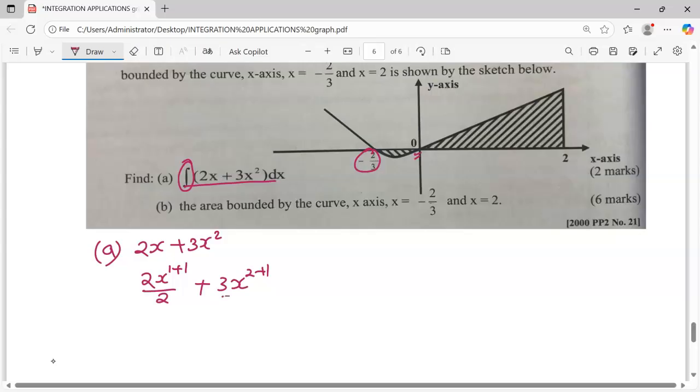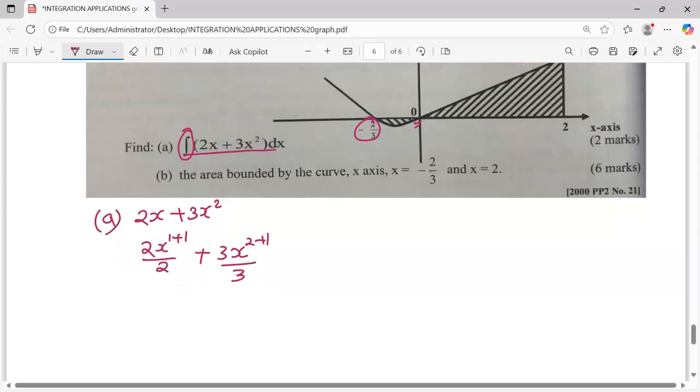We add 1, then we divide by the new power, which is 3. This is going to give us 2 and 2 goes, giving us x squared, plus 3 and 3 goes, leaving us with x cubed, plus of course c, which is a constant of integration. By so doing, we are through with part A of the question. We move to part B.